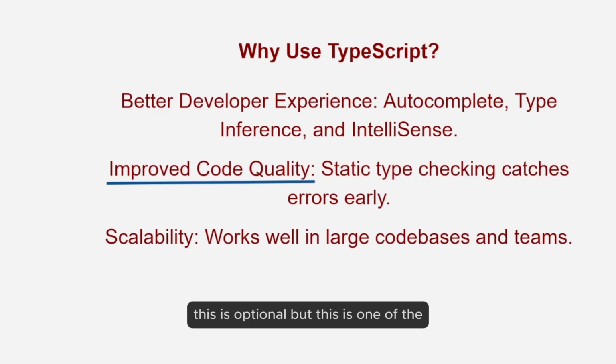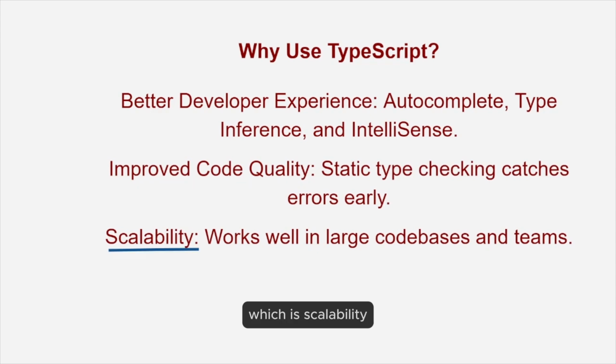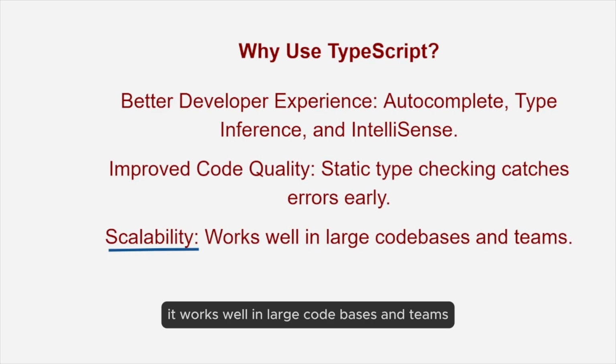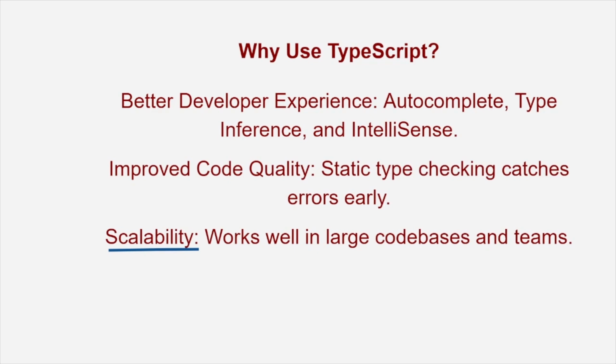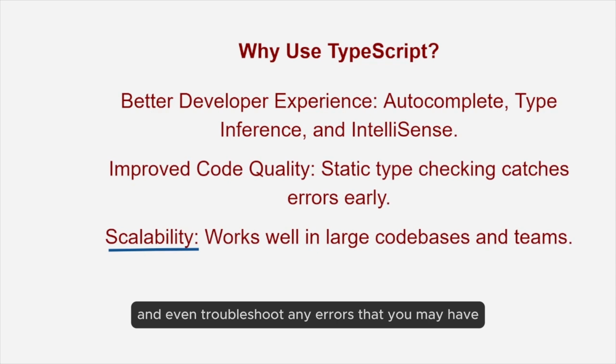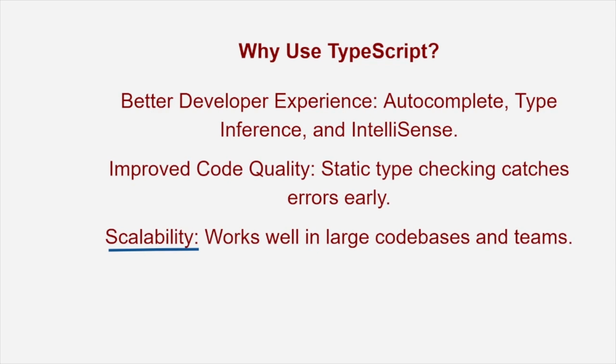This is optional, but this is one of the helpful features of TypeScript that will avoid confusion, especially with this last one, which is scalability. It works well in large code bases and teams, and it is related to that improved code quality because in larger code bases, your code will be large and you have to read and review. By increasing the quality of your code, it will be easier to upgrade and even troubleshoot any errors that you may have.